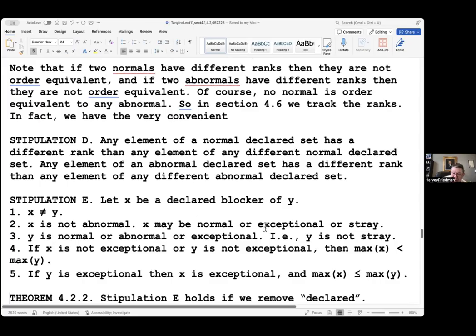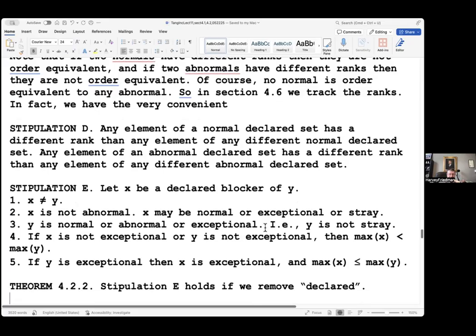In other words, that my definition of the graph in section 4.6 is actually well defined. We want to make sure there are no ambiguities. That's because we define the blockers differently for every one of the declared sets. Every declared set has a different kind of blocker. So you have to make sure that the declared sets don't overlap and so forth. That's what all this is about.